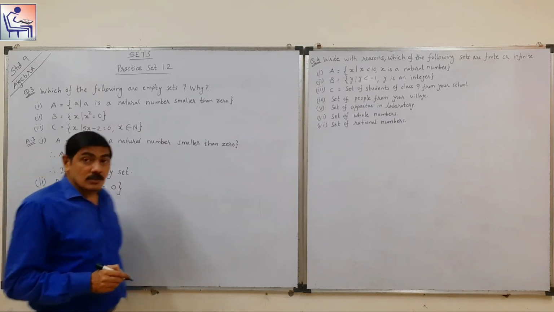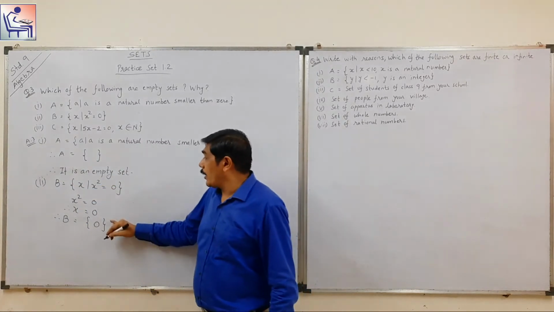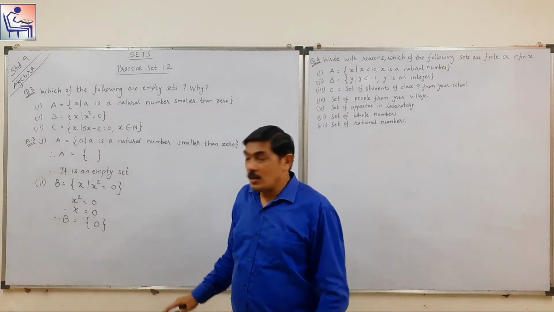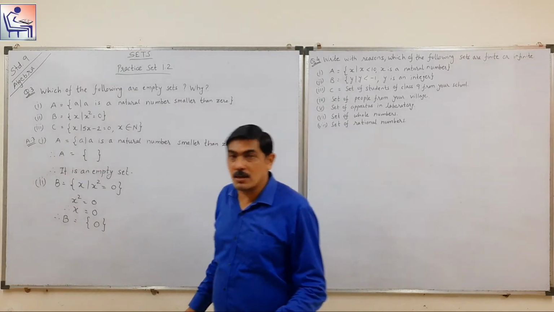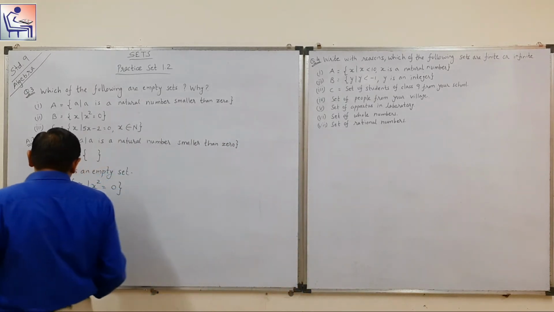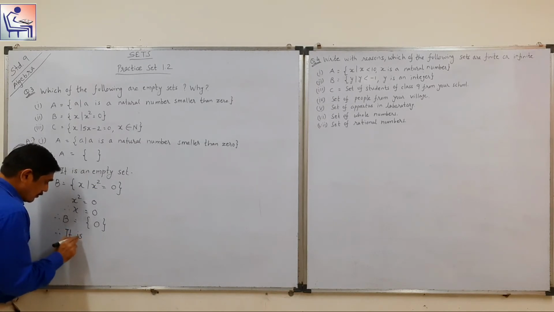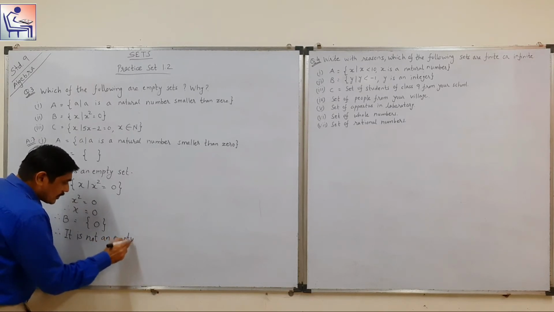Remember, it is not a null set or an empty set. Why? Because there is an element, which is 0. Even one element means it does not become an empty set. So it is not an empty set here.